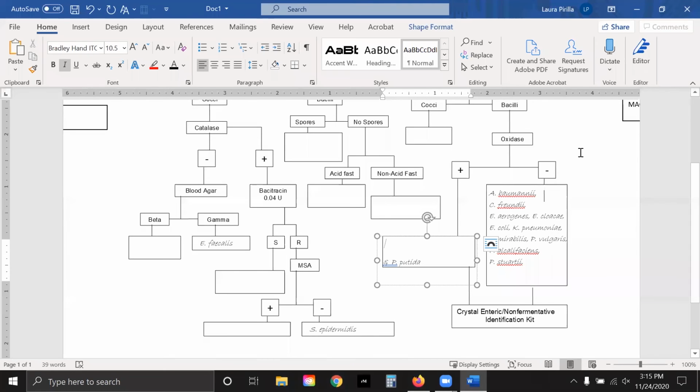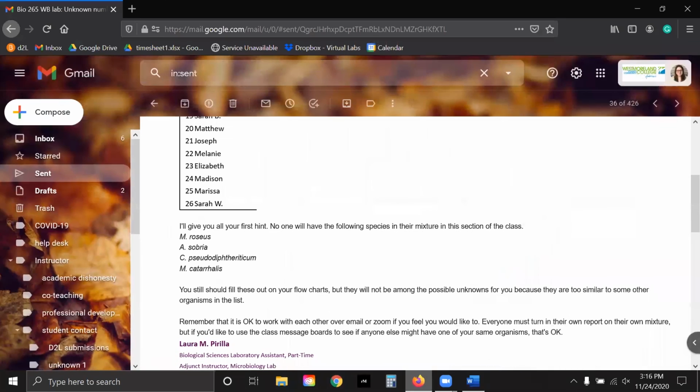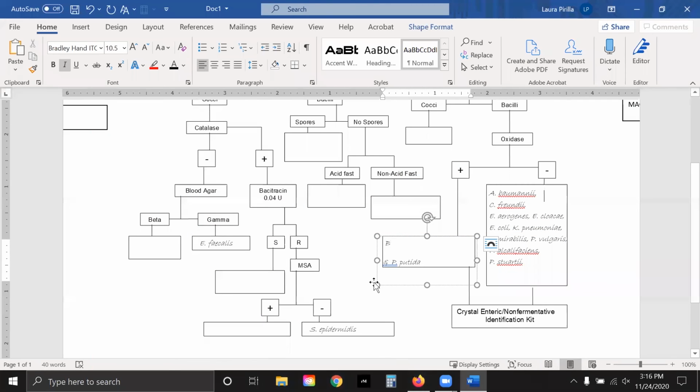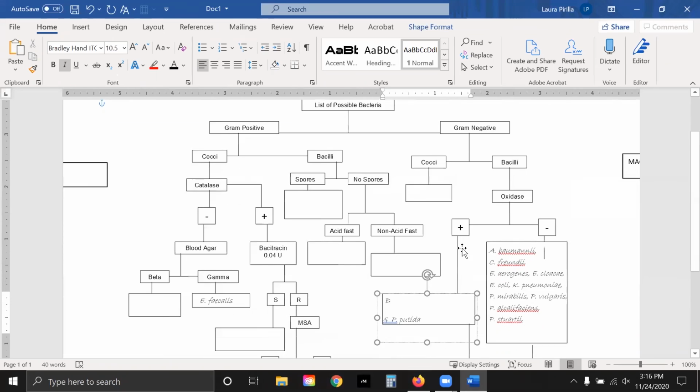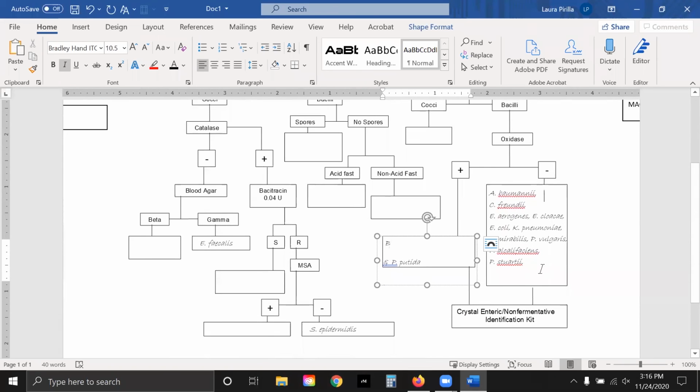Okay, so I had also said that no one was going to have M. roseus, which you've already eliminated anyway, A. sobria, which was left, so I've deleted it now because no one has that, and there were two more, Corynebacterium pseudodiphtheriticum and Moraxella catarrhalis, which have been removed already because you were able to eliminate them anyhow.